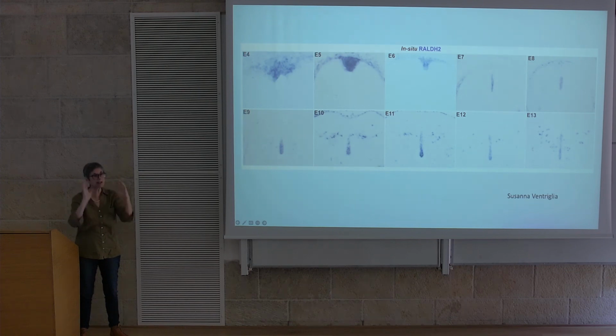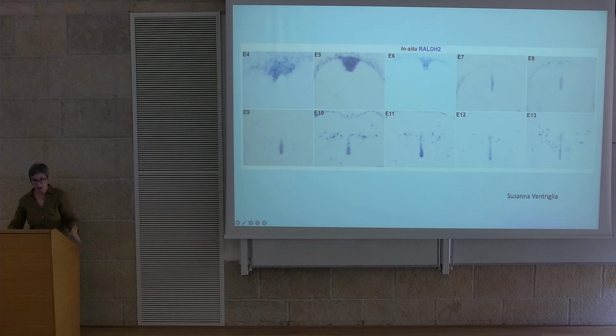So there is atresia. There are a lot of processes that we are studying now regarding these particular events, but this is just an introductory slide to show you how we proceed, and this is the area that we are going to deal with.